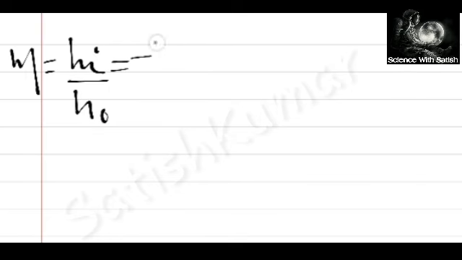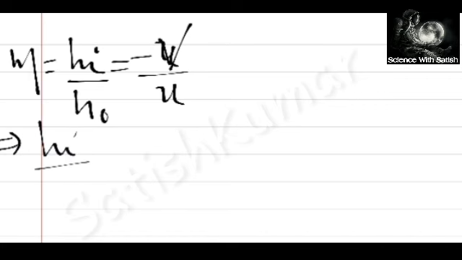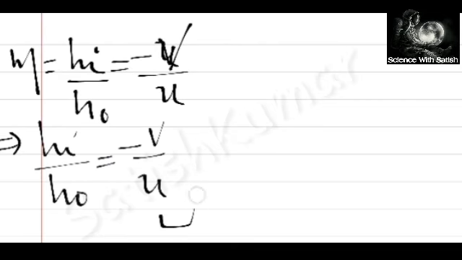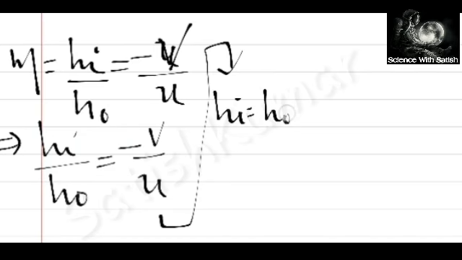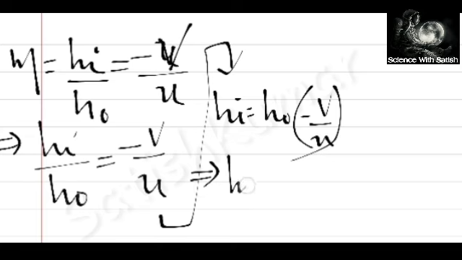I have another formula for this, which is minus V by U. So I can write HI by H naught equals minus V by U. From here I can write HI equals H naught into minus V by U.